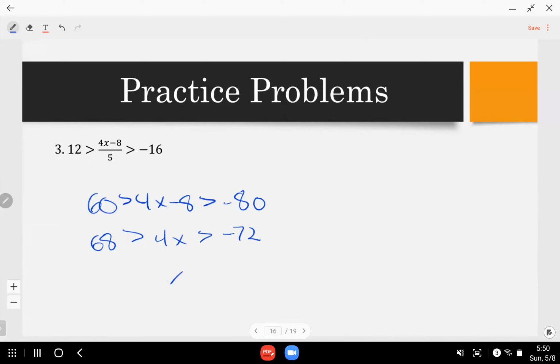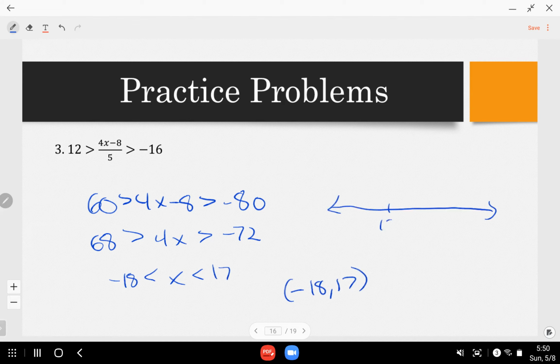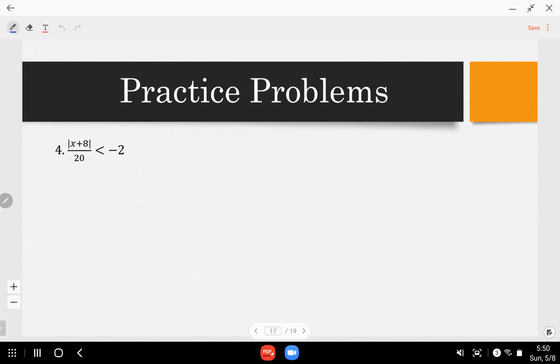You can see that it is indeed negative 18 to 17. So it's like this. If you graph it, it's going to be like this. Open circle, open circle. All right, very good. Let's go to number 4.